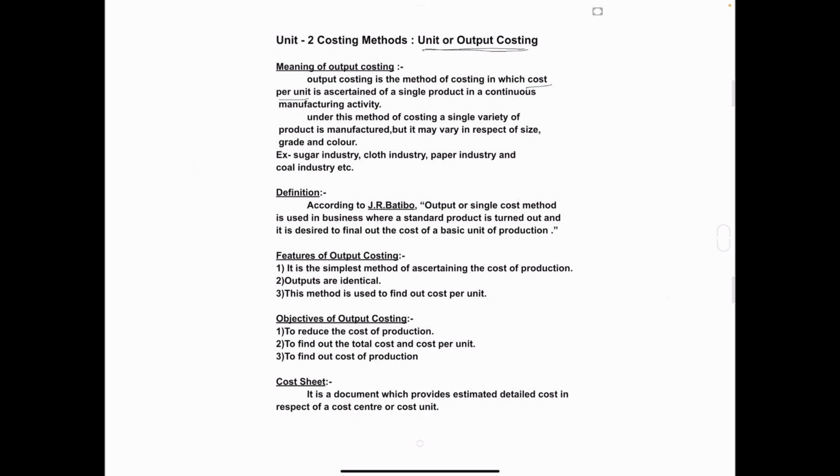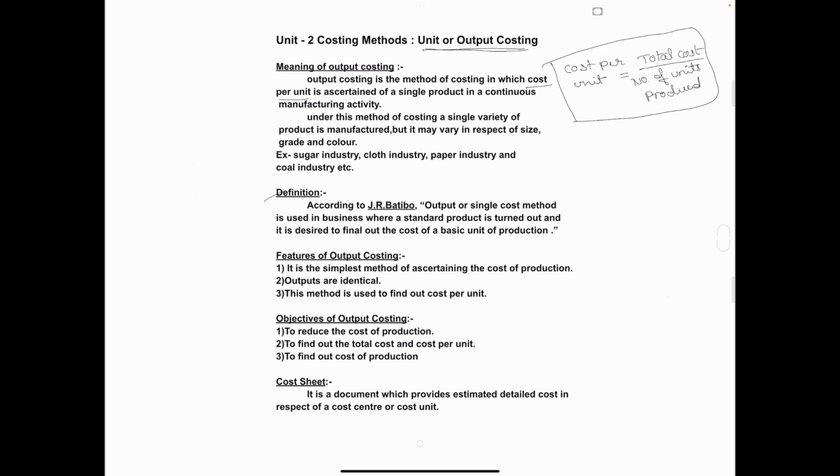And the formula to find out cost per unit is: cost per unit is equal to total cost divided by number of units produced. So this is the formula to find out the cost per unit.